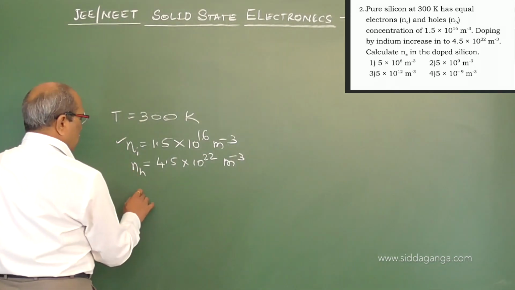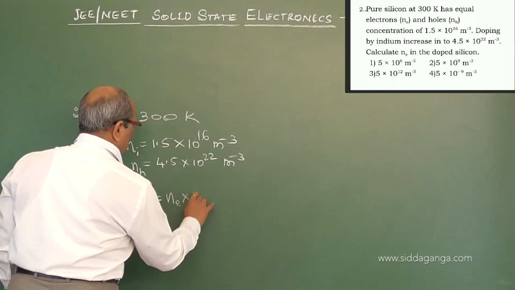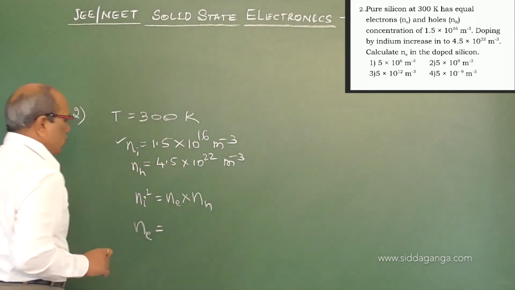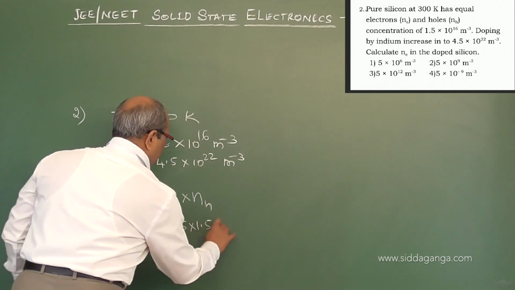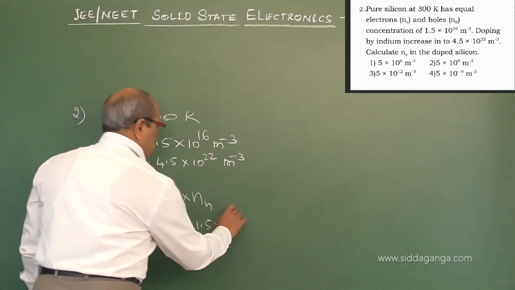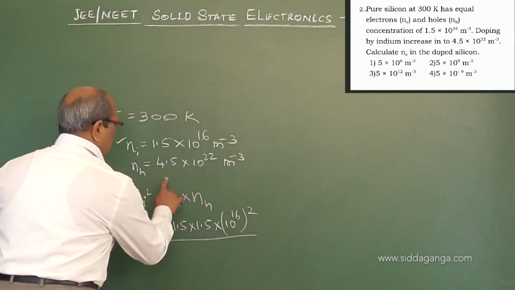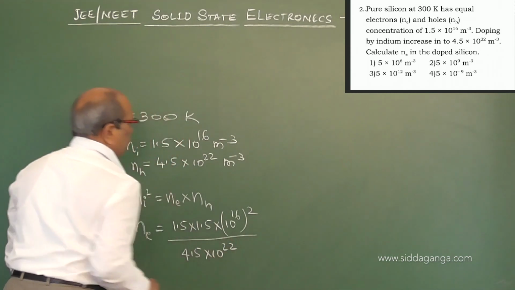We have the mass law. The intrinsic carrier concentration is written as Ne into NH. So we require Ne, the electron concentration. It is Ni square by NH, that is 1.5 into 10 power 16 squared divided by 4.5 into 10 power 22.